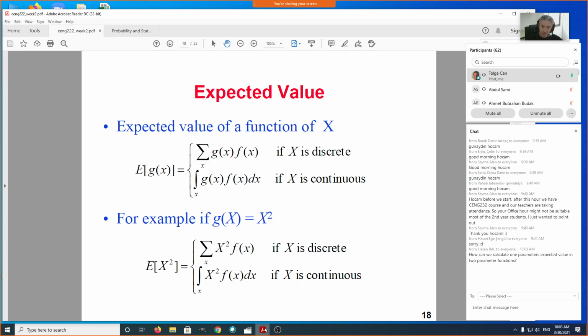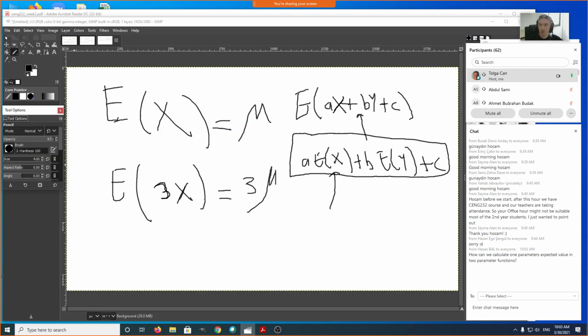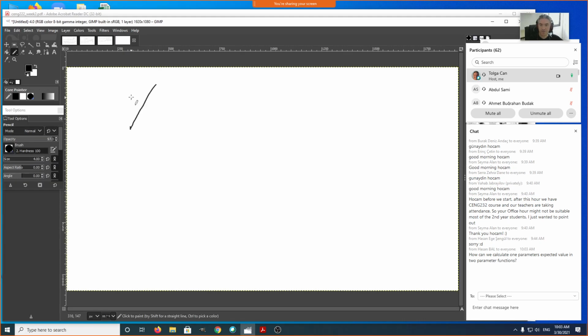Okay, that's a good question. So what you mean is, if we have two joint random variables, what is the expected value, for example, of a joint probability distribution? When you define 2 random variables X and Y, what is the expected value of, for example, X times Y?